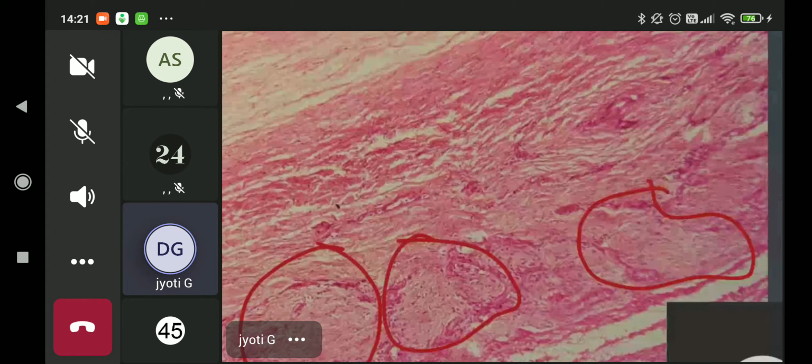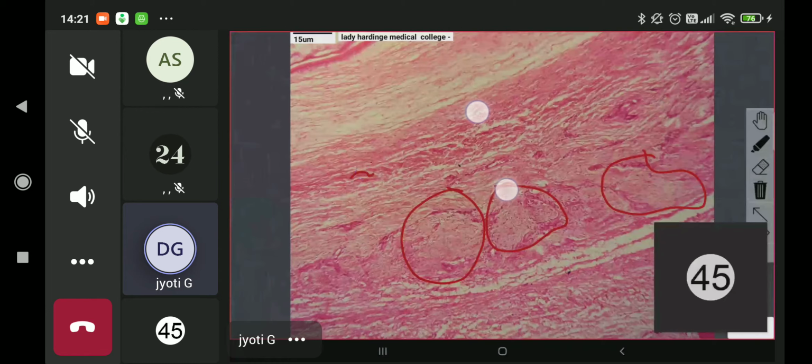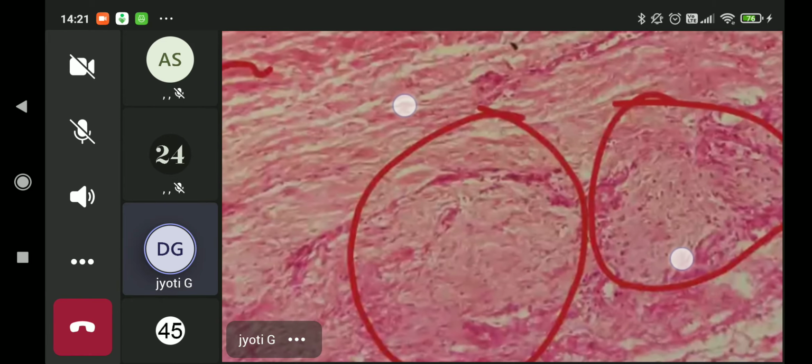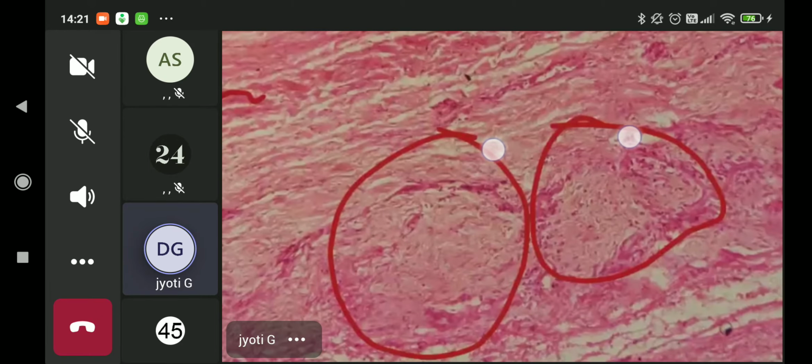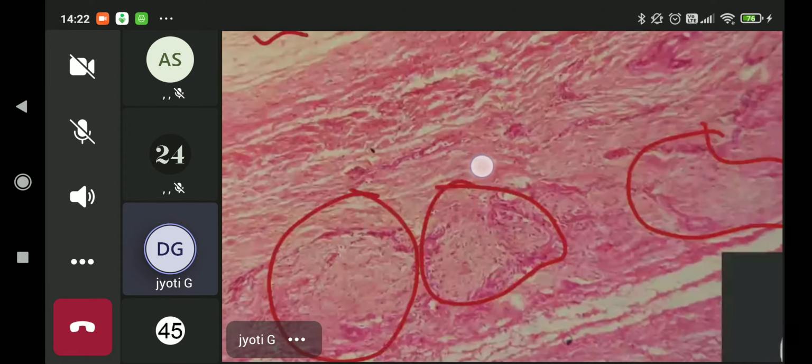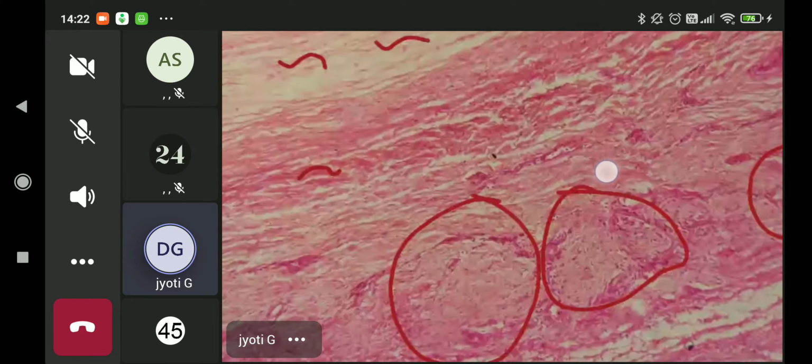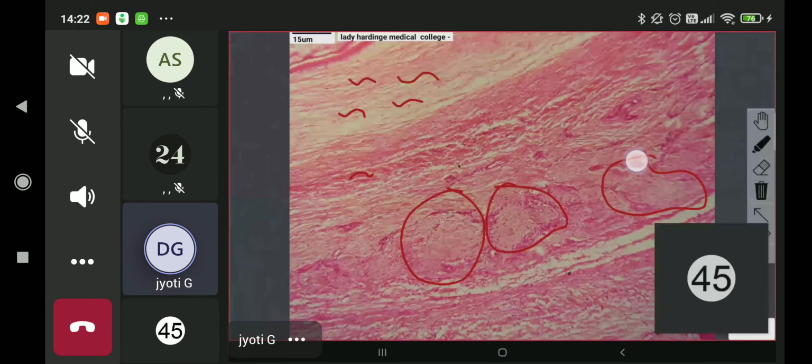Yes. And within this structure, if you see individually, nuclei are like this, wavy. Okay. Slide has some issues because of staining and mounting as well. That is why it's not very clear. But if you can make out, there's appearance of bundles.